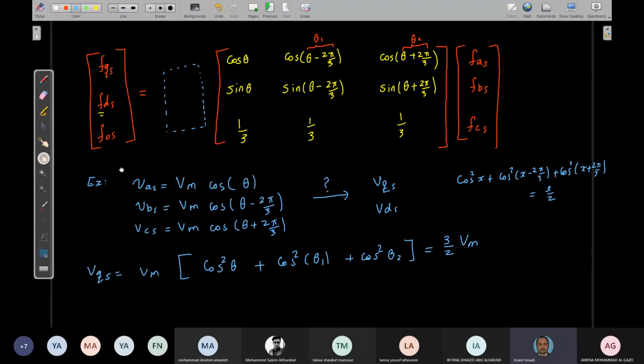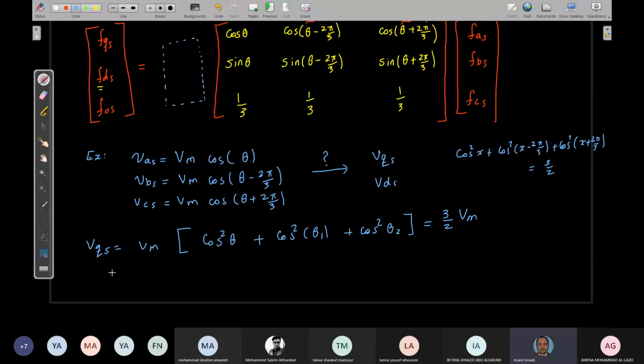Now, what about if I need to calculate the voltage in the direction of the D? Who can help me with that? VD of S is equal to what? You multiply this one by those vectors. VM cosine theta sine theta, so sine theta cosine theta, plus cosine theta 1 sine theta 1.